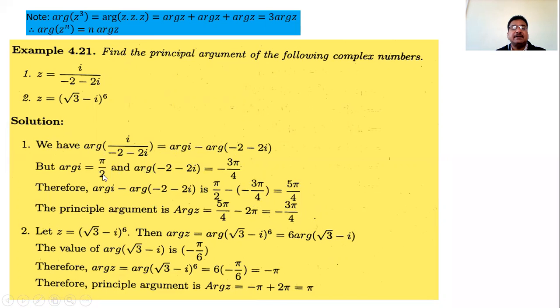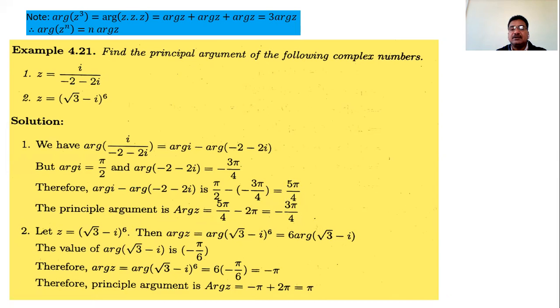So this is another method, or express this number in the form x plus yi, and then find its modulus and principal argument. Obviously, the principal argument lies between minus 180 and 180.